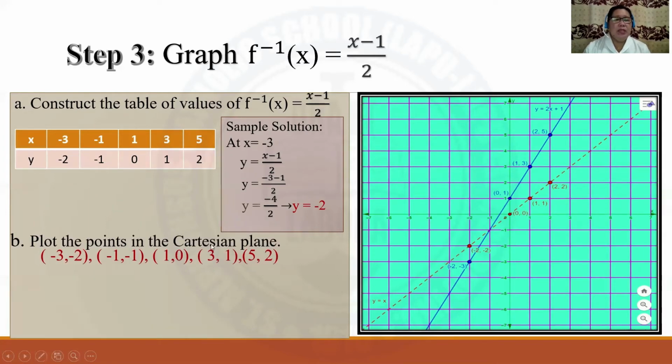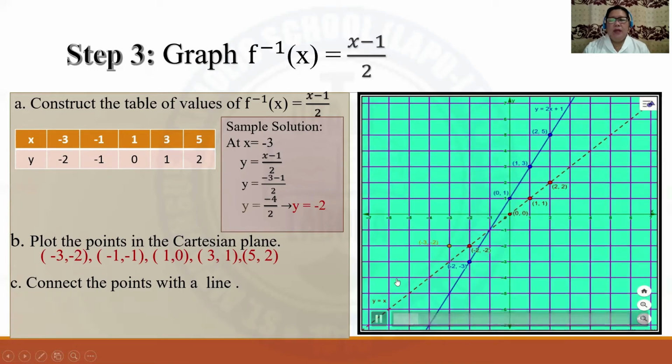Then plot the points in the Cartesian plane, starting negative 3 and negative 2, and so on until 5, 2. And then you have to connect the points with a line. Okay, let us start. There you have negative 3, negative 2, negative 1, negative 1, 1, 0, 3, 1, there, 5, 2.